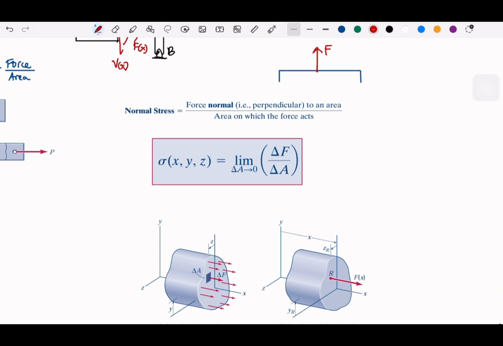So we are going to get this resultant, or the stress, if we take the limit of this delta A as close as possible to 0, okay? So that's why we have this limit on the right side of the picture.